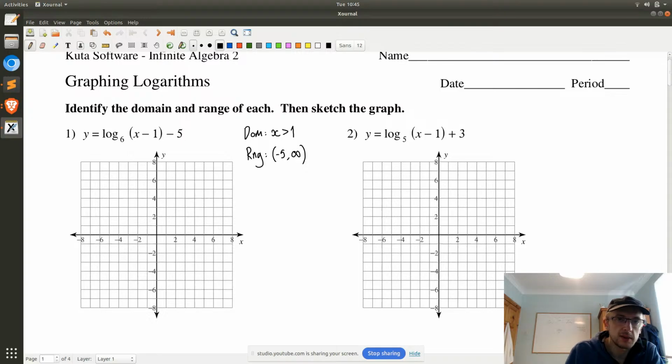Okay, and then we need to sketch the graph. So the typical logarithm would look, I mean, let's do log base 6 of whatever first.